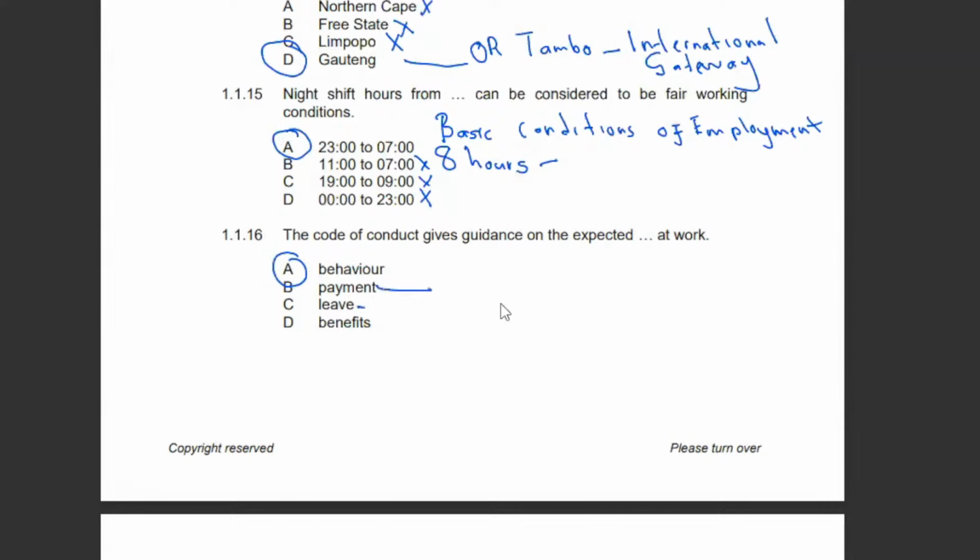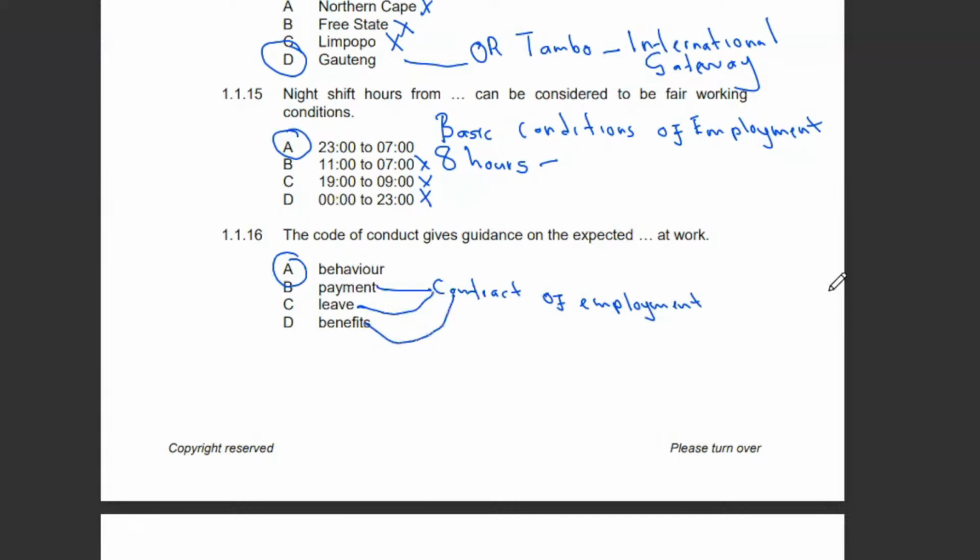Payment, why not payment? Payment is actually stipulated in the contract of employment, so it's obviously out. The same applies to leave, and also to the benefits.